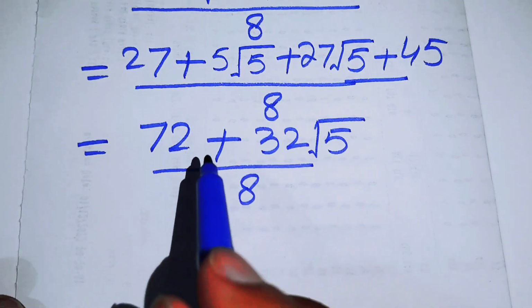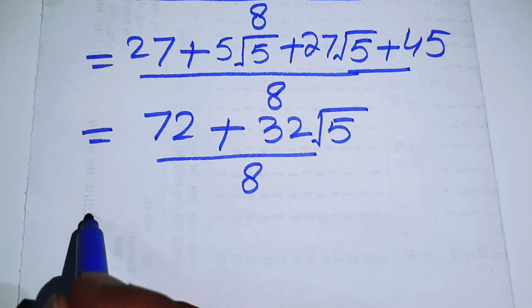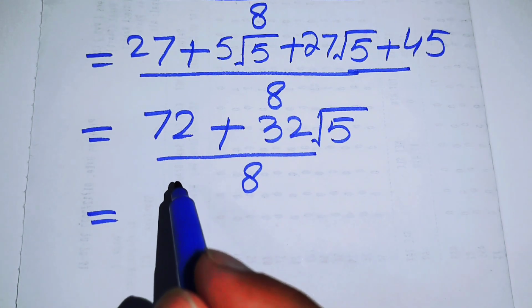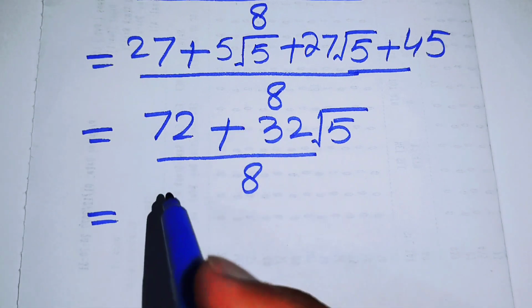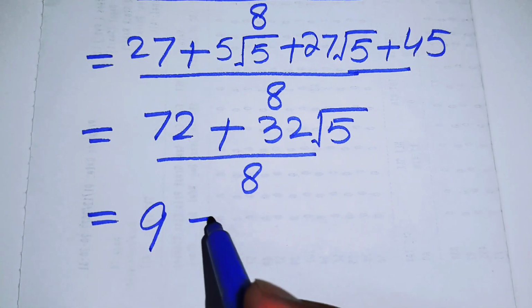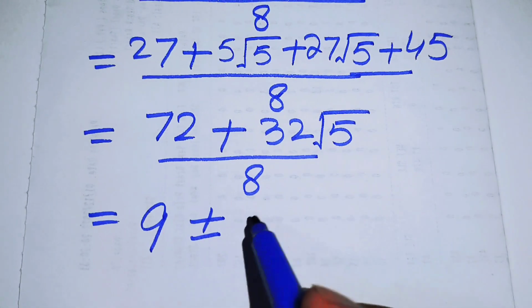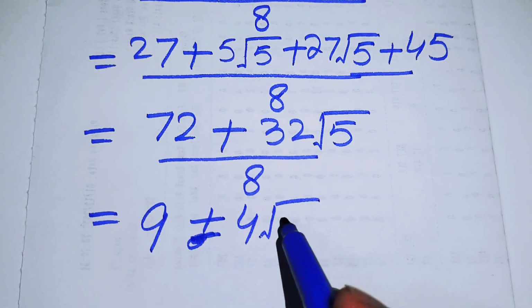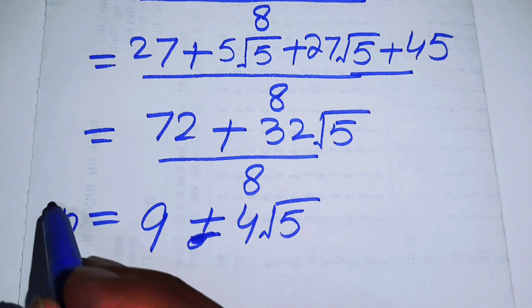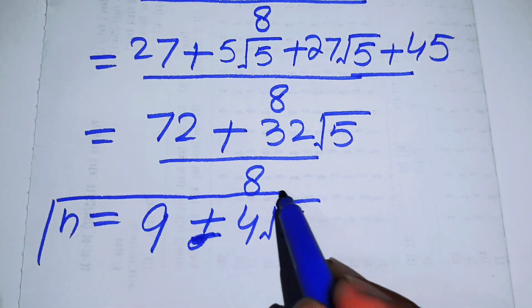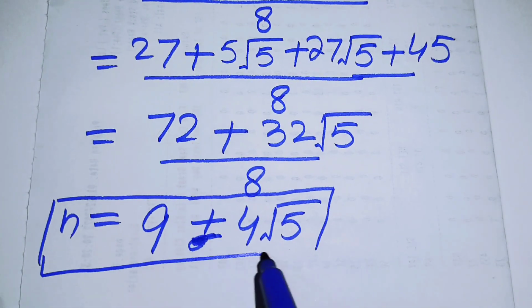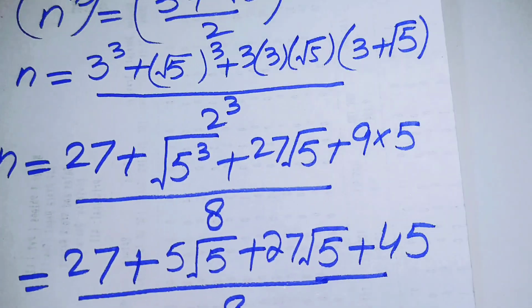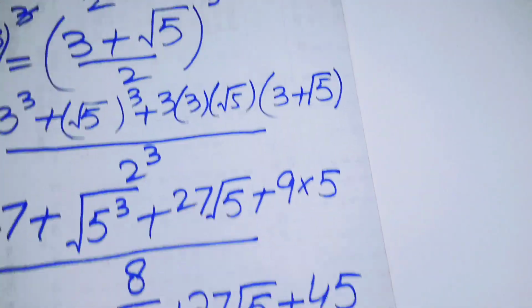And when we separate these terms, you get here 8 6s are 48 and 8 9s are 72. So you get here 9 plus, 8 4s are 32, 4 times square root of 5. So this is the first root of the given equation. So here I have just solved the equation number 1.